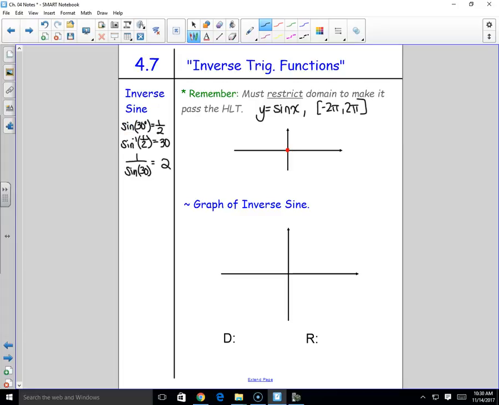Let's review sine real fast. How would you graph sine? 2 cycles between negative 2 pi and 2 pi. Normal sine. Yeah, so you're going up 1 and down 1. Marking quarter seconds.